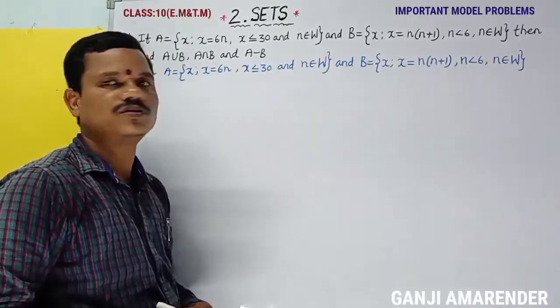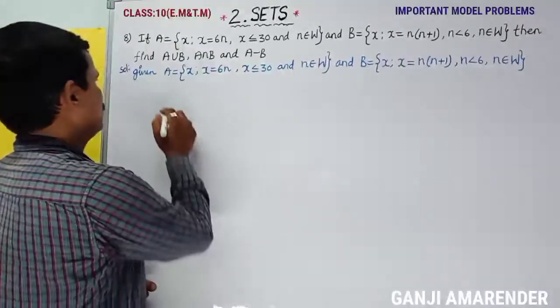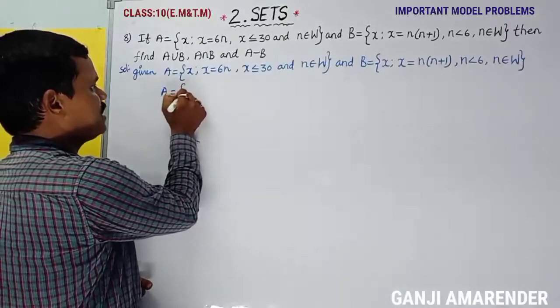less than 6, n belongs to W. Okay, we have taken this. Now, what are the elements of set A here?